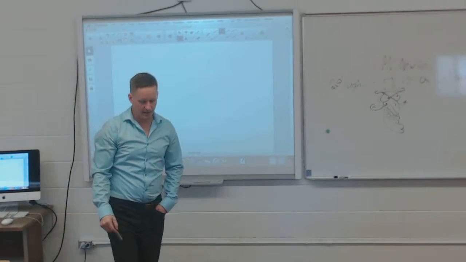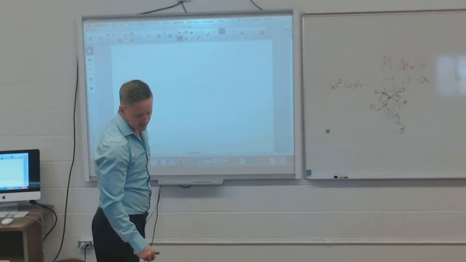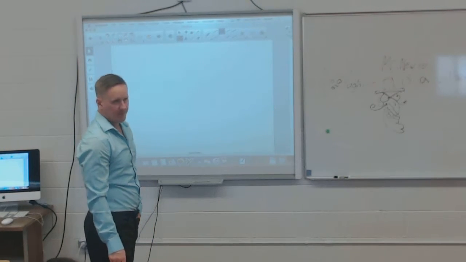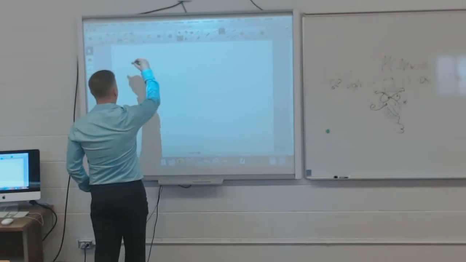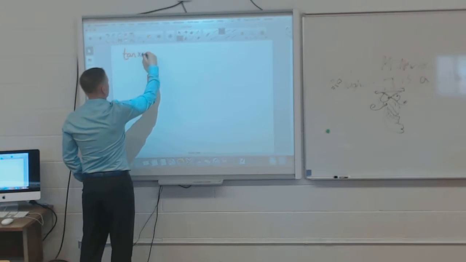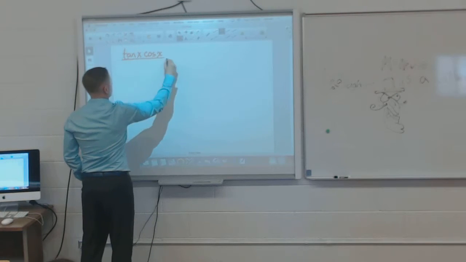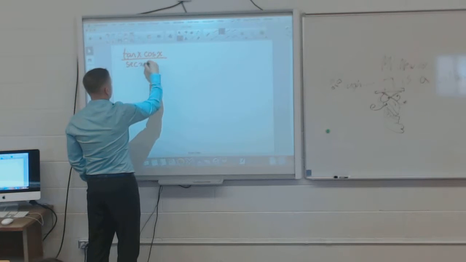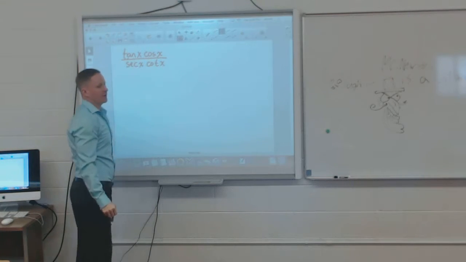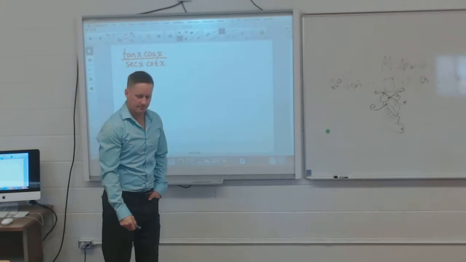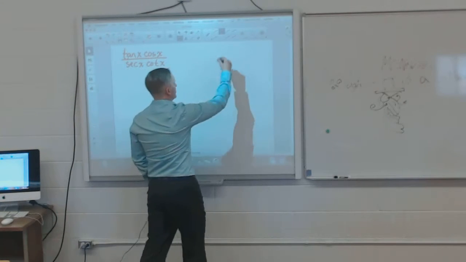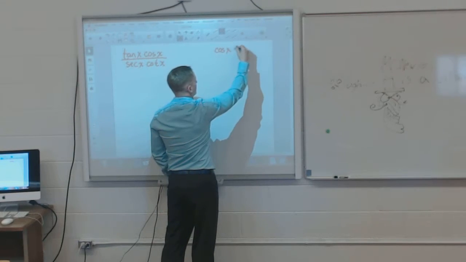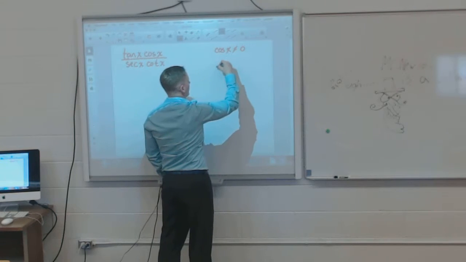Page 199, question 10x. It wants you to first find your non-permissible values, and second, to simplify. So I've got 10x cos x over secant x cotan x. The first thing you do is your non-permissible values. Looking at that, basically they're all going to be the same, not 100% of the time, but most of the time.